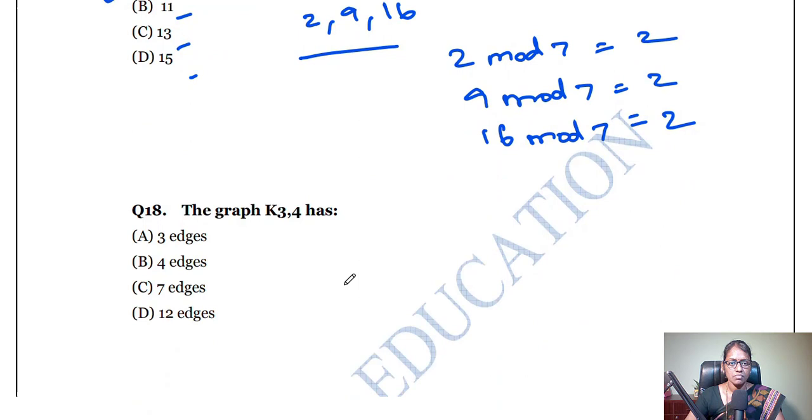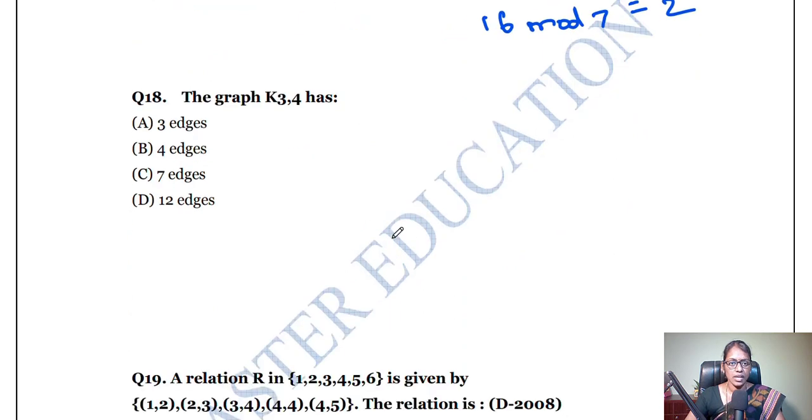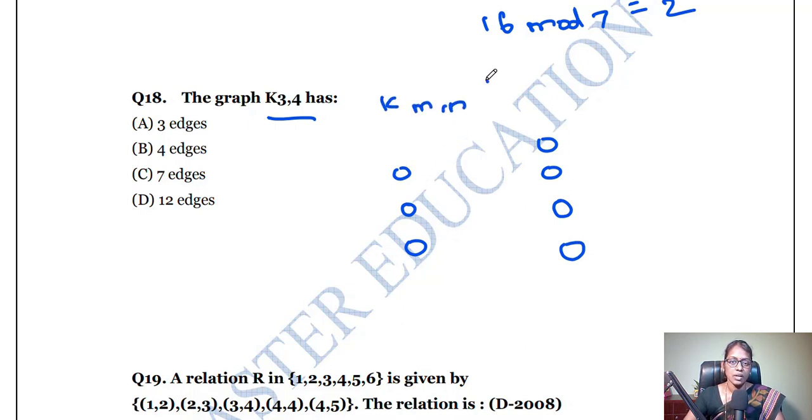Yes. The next question is: the graph K 3,4 has how many edges? K 3,4 is a complete bipartite graph, so one set consists of three vertices and another set consists of 4 vertices. So totally how many edges? K m,n has m times n edges.